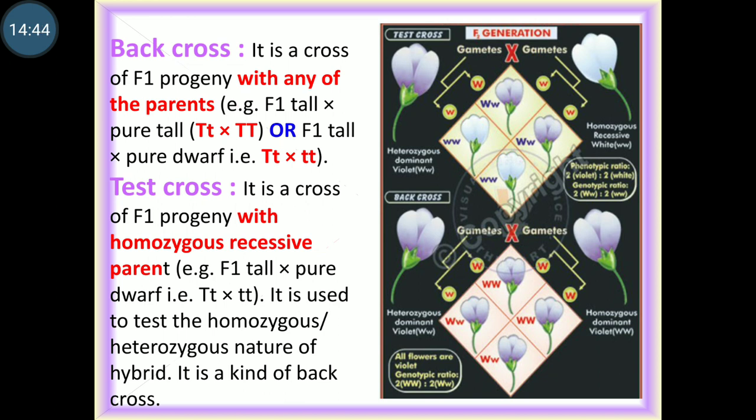Test cross. It is a cross of F1 progeny with homozygous recessive parent. For example, F1 tall when crossed with pure dwarf. Capital T small t crosses with small t small t. It is used to test the homozygous or heterozygous nature of hybrid. It is a kind of back cross.